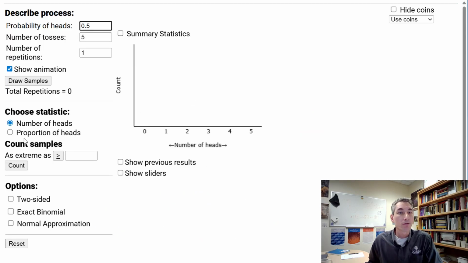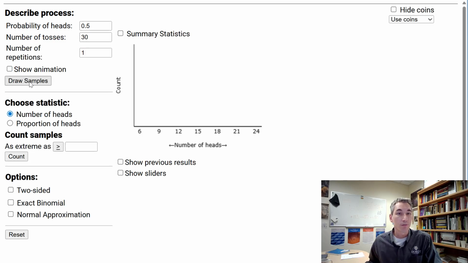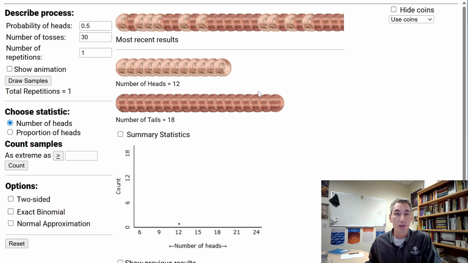And so let's fill in the information. So probability of heads, well, I picked penny, heads or tails, so 0.5, that is my null hypothesis. I'm going to go 30 here because I flipped the coin 30 times. If I click draw samples, it will flip me a penny 30 times and it'll put a dot on 12.